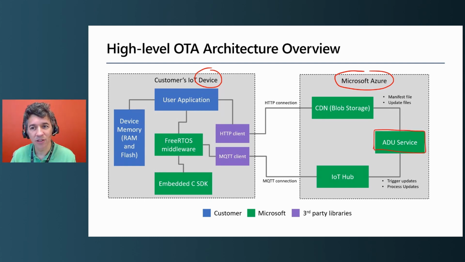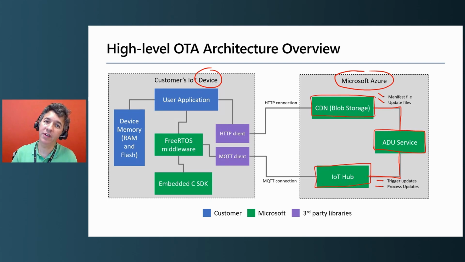The Azure ADU service will be connected both with the blob storage and with IoT Hub. With this connection, it can manage all of the update files and the manifest files. And the connection with the Hub will allow the service to trigger updates and to show progress updates.